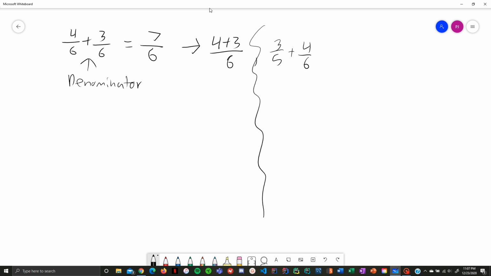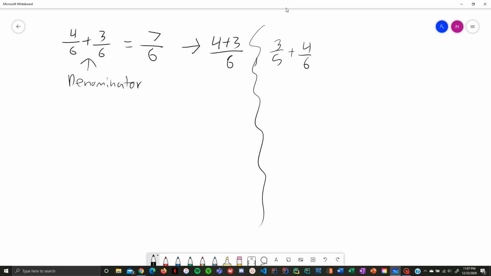So let's branch this off for one moment. What we're going to do in here is find a common factor that these two have. The easiest way that I like to do is simply multiply 5 times 6 and 6 times 5, because we know those two answers are equal.